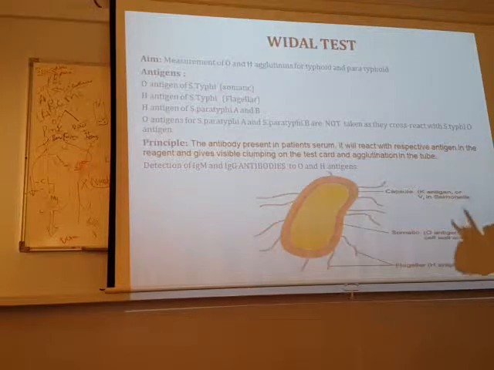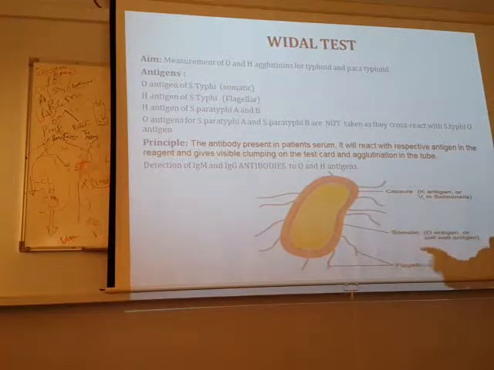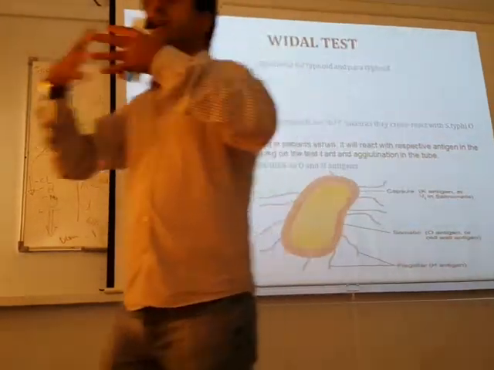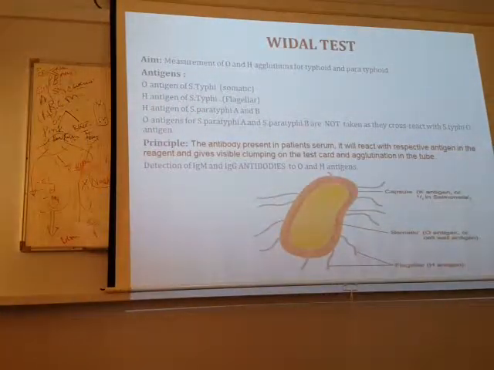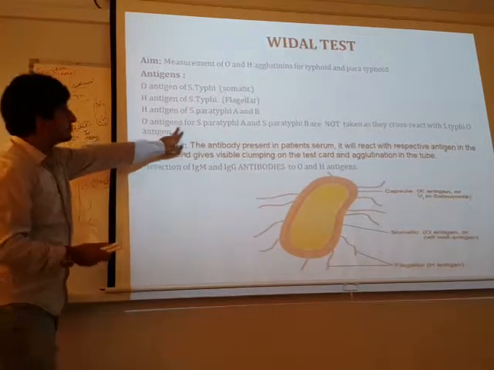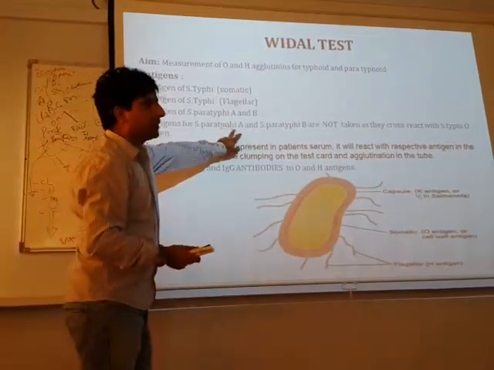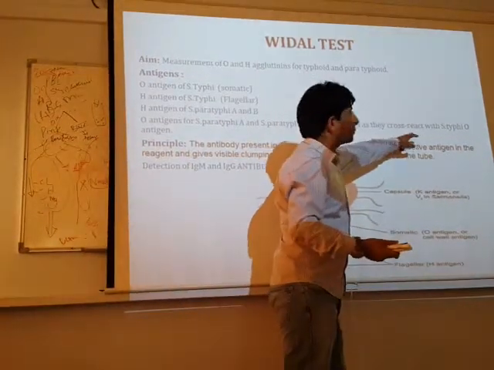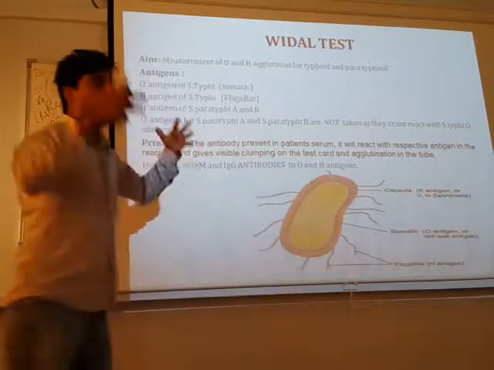So sometimes if you check, it may give the wrong result. It will cross react. Same antibody, same presence. So remember, O antigens of Salmonella paratyphi A and B are not taken. Why are they not taken? They will cross react with the Salmonella typhi O antigen.